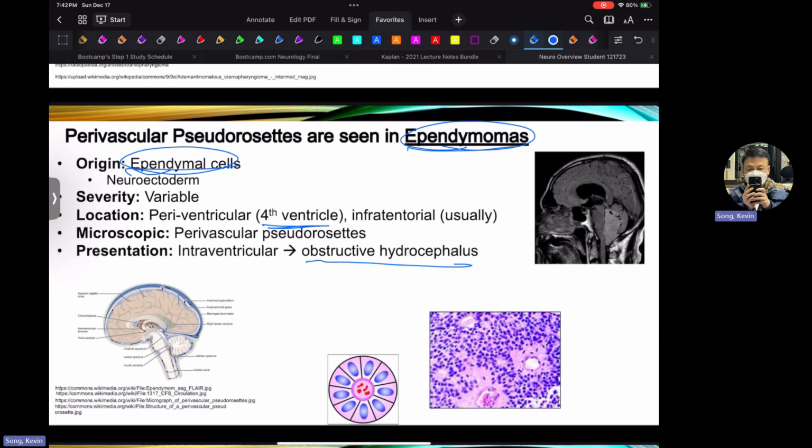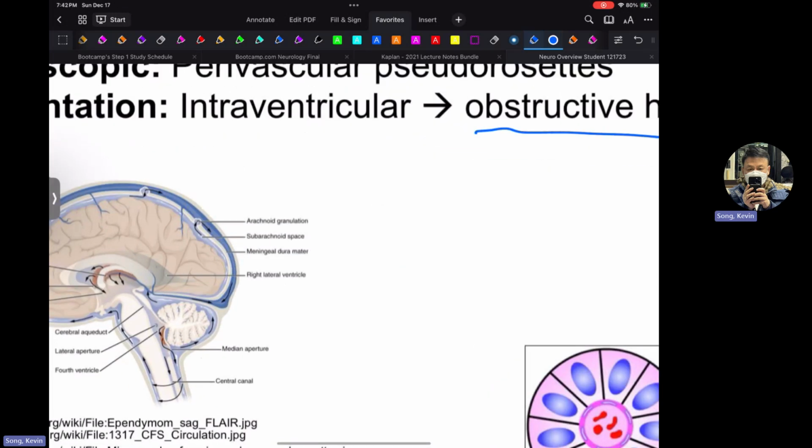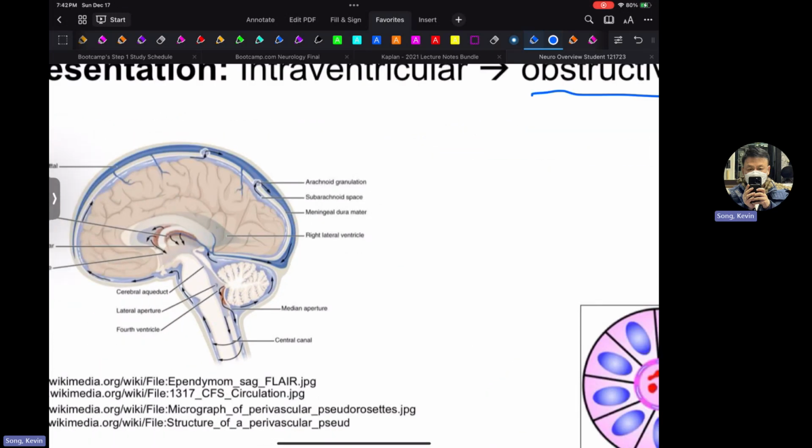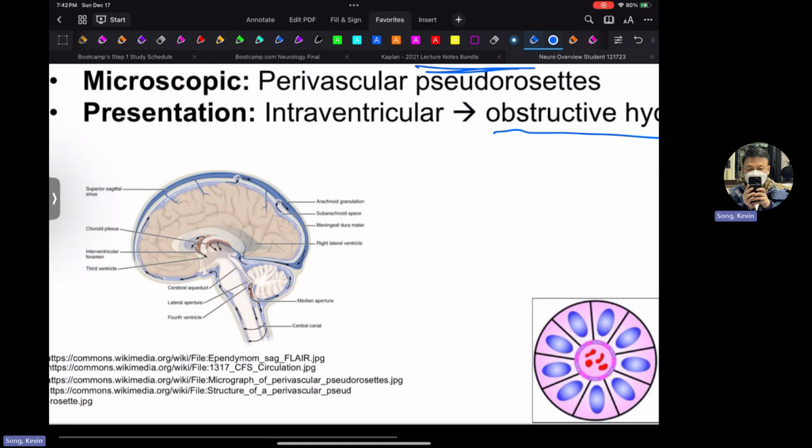And if there's a tumor in there, the fourth ventricle is right here. If it's a tumor, it will block, right? So if you block here, what's going to happen?